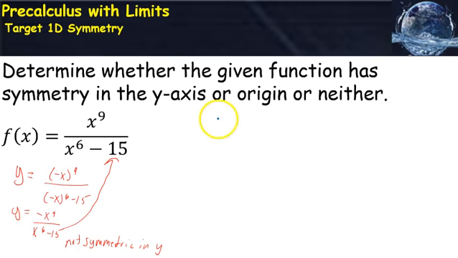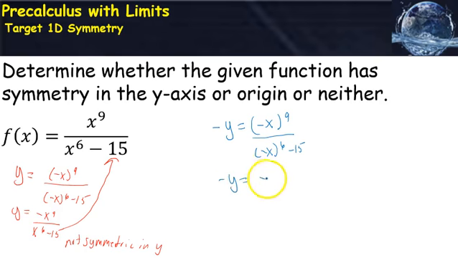So now let's check the origin. For the origin, remember I replace x with negative x and y with negative y. So I have negative y equals negative x to the 9th over negative x to the 6th minus 15. Now when I plug that in, I get negative y equals negative x to the 9th over positive x to the 6th minus 15.